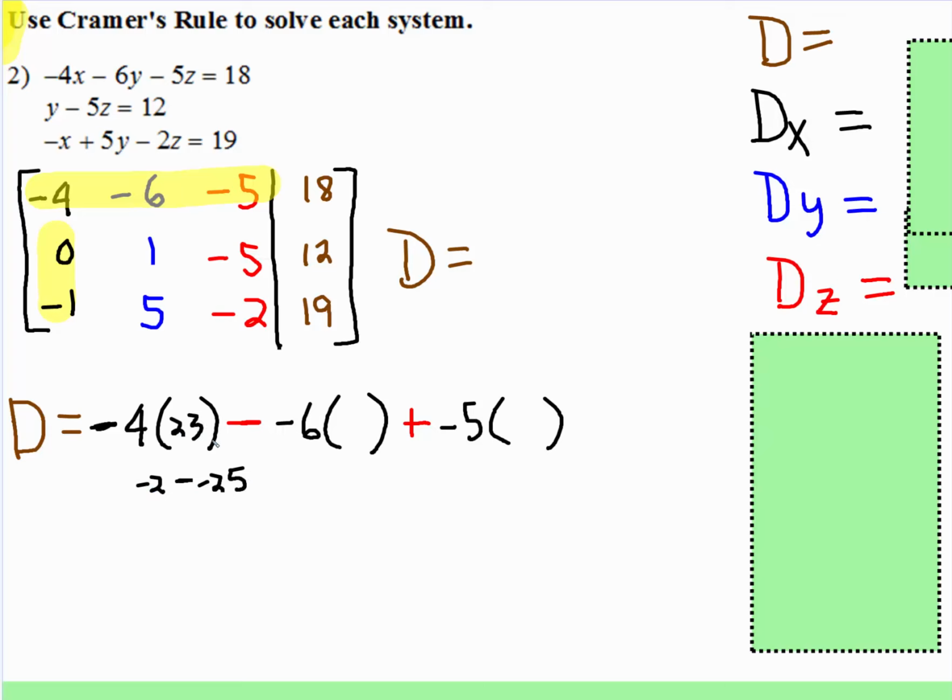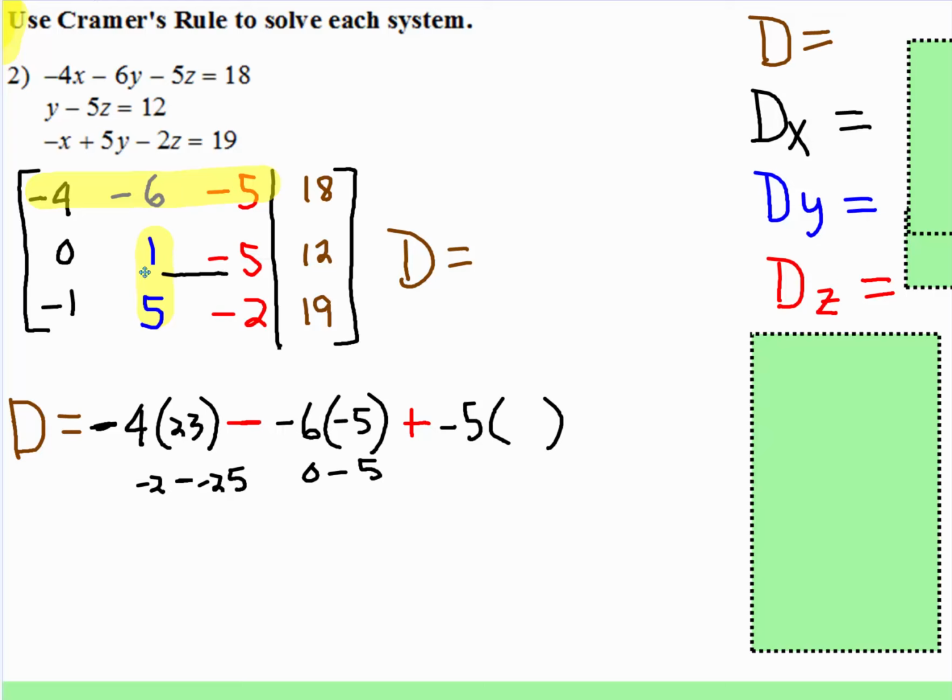All right, then we're going to skip over here to the second column, and its matrix minor is 0 times -2, which is 0, subtract -1 times -5 is +5, so 0 subtract 5, which is -5, and then we go to the third column.